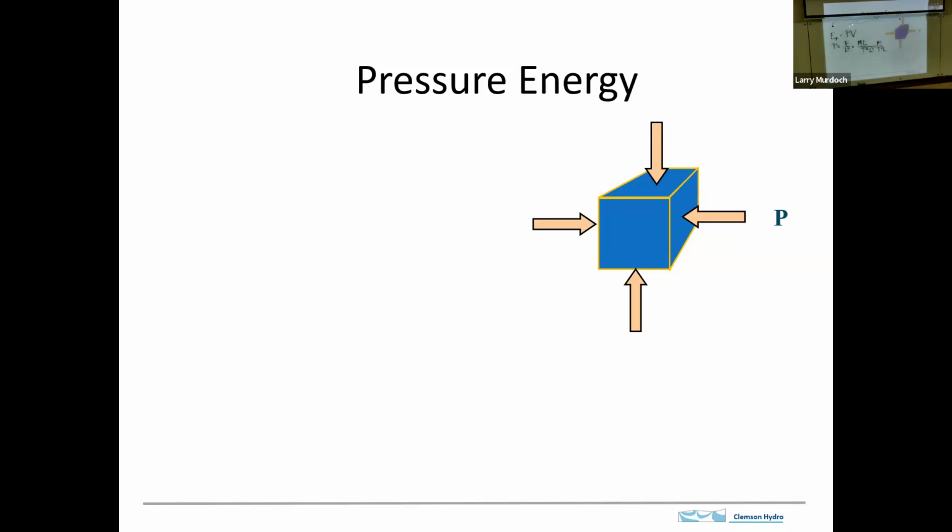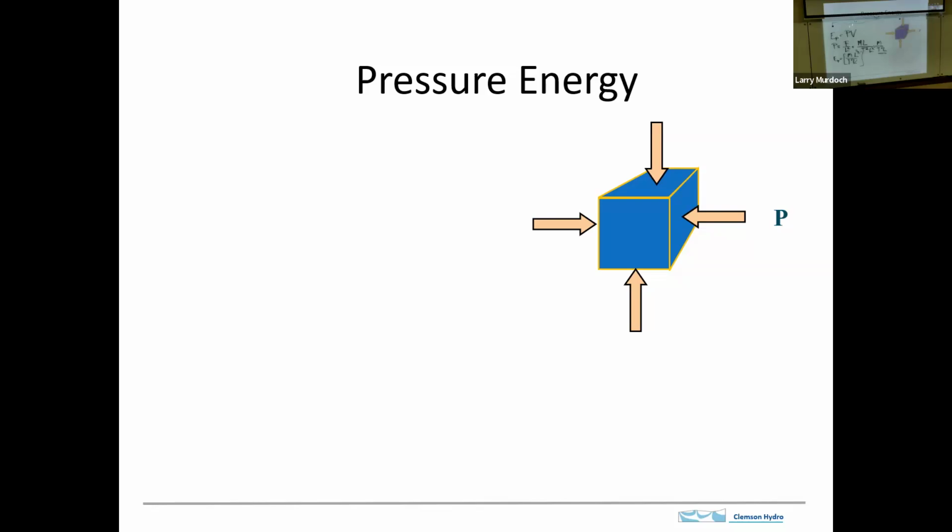Okay, so there are the basic units of pressure. So the pressure energy is going to be that, the basic units, times the volume, which is length cubed. Another unit check.